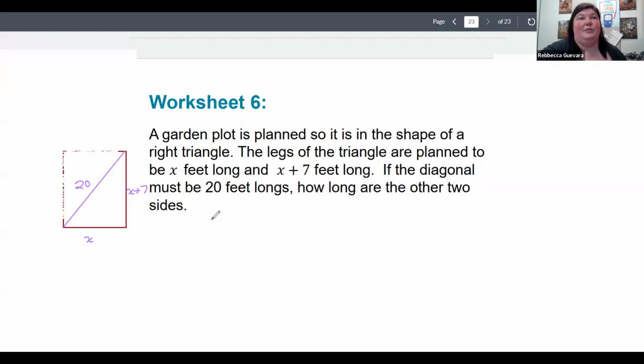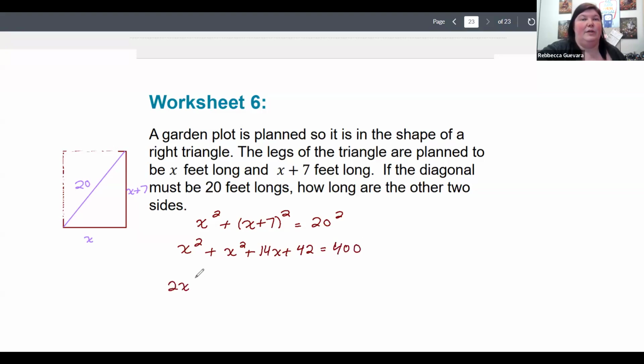So by Pythagorean theorem, that means that this side, we're going to have x squared plus this side, because it's another leg, x plus 7 squared, should equal the hypotenuse, so that's 20 squared. So we have x squared is equal to, if we expand that, an x squared plus 14x plus 42, is equal to 400.